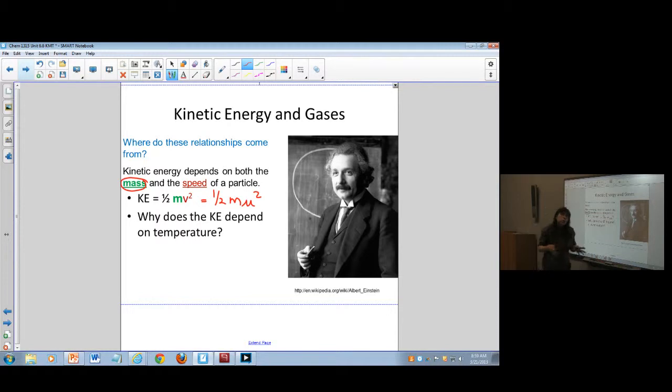That's what we really want to know. But what we do know is at some specific temperature, the kinetic energy of the entire sample doesn't change. It stays the same. We may have some individuals who go faster and some that go slower, but overall, the total average kinetic energy, EK, is going to be proportional to the temperature.